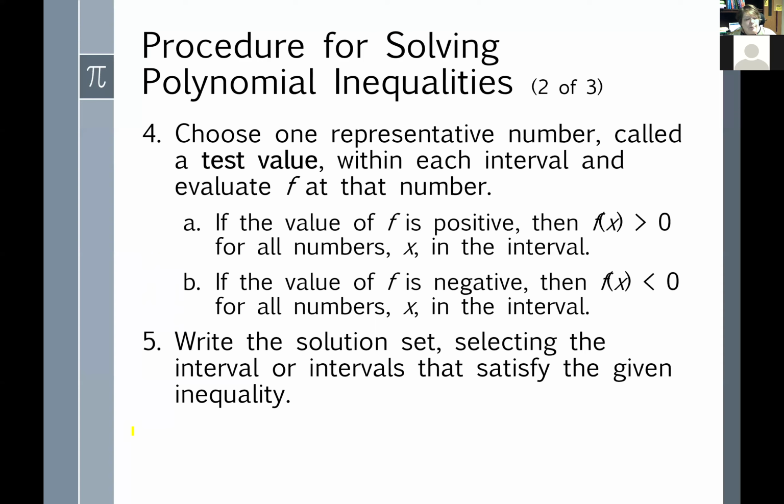So you factor your polynomial, set it equal to 0, find the boundary points, break your number line up into intervals, then pick test points in each interval. Evaluate the function at that test point and note its sign. Is it positive or negative? If it's positive or negative for that test point, it's positive or negative for every single solitary value in that interval. Then you write the solution set, selecting the interval or intervals that satisfy the given inequality.